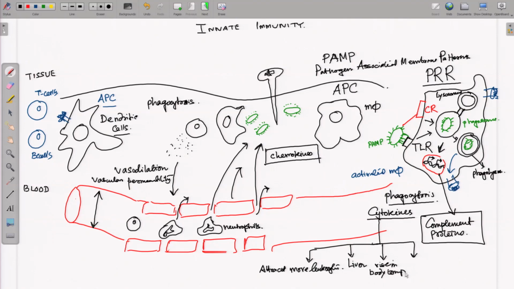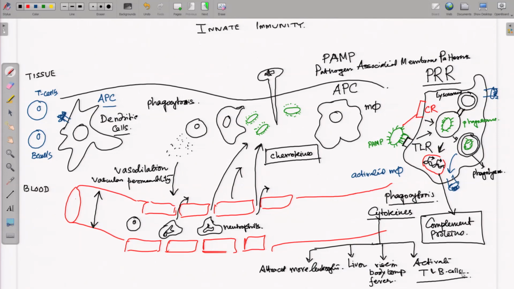So, you have fever, for example, and they can also activate the T and the B cells. So, the cytokines have varying roles in the downstream pathways. The cytokines are one of the major effector pathways.